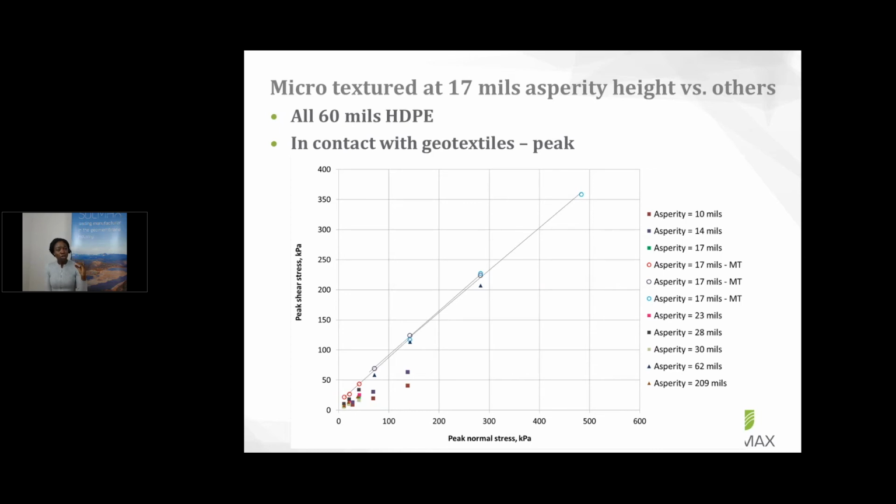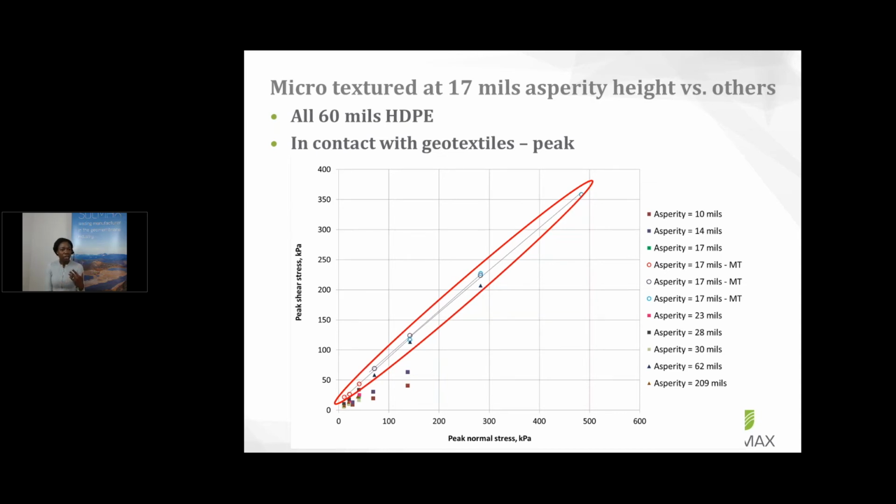So we did low, medium, and high applied stresses. And it's interesting what we found, because the microtexturing process at an asperity height of 17 mils was giving us shear strength values that were comparable to what you would get with, say, a 62 mils asperity, or even anything that was higher than it.